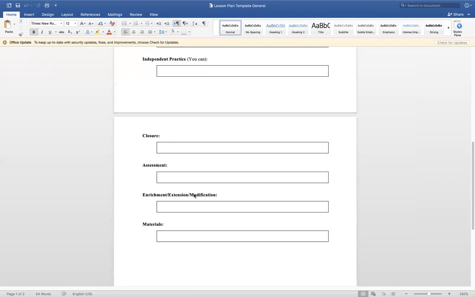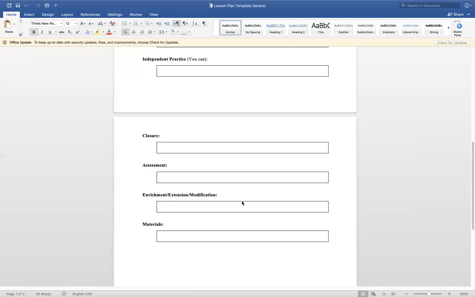Enrichment, extension, and modification. So when you have students in the class who finish everything so quickly, sometimes while other students are still working and they need more time, maybe 5, 6, 10 minutes, you see that one or two students have finished what they needed to do already in the independent practice.